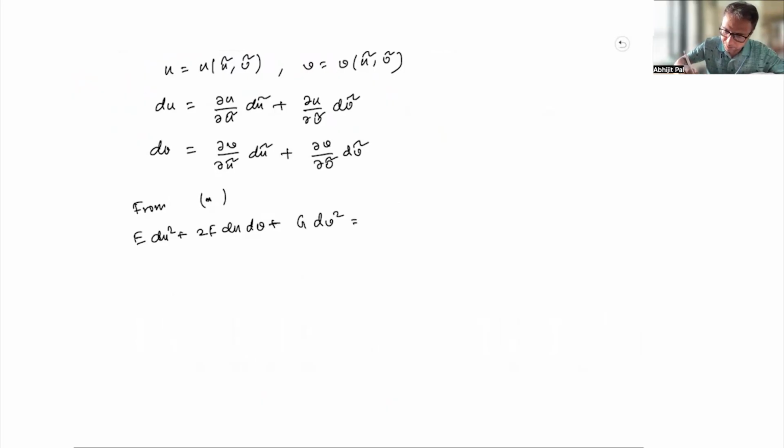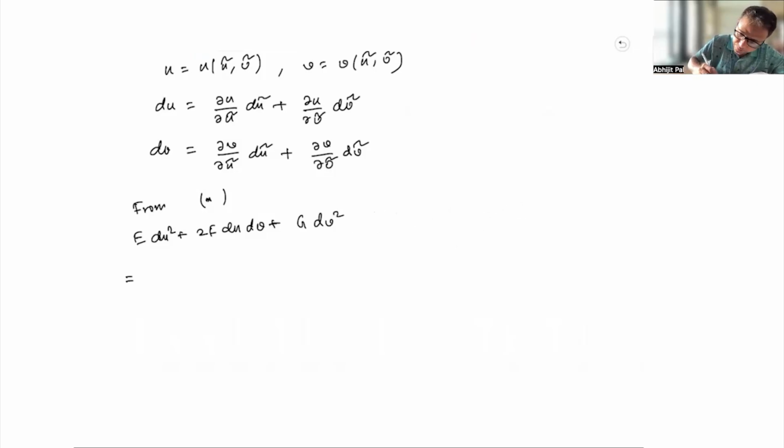So this will be equal to du tilde, dv tilde multiplied by this matrix, del u by del u tilde, del v by del u tilde. Maybe I'll write it below.